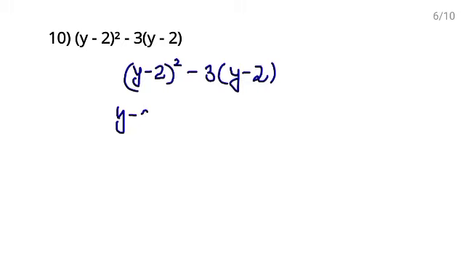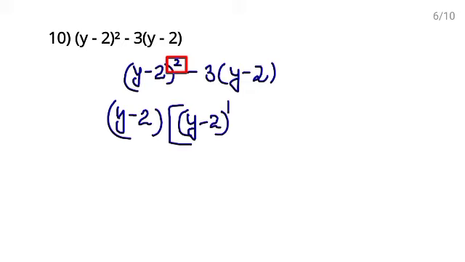Now in the bracket, this was y minus 2 raised to the power 2. It means y minus 2 was the base and its power was 2. We took one power outside the bracket, so now we have power 1. Minus 3. Here y minus 2 had only a single power, and that we have taken outside as the common binomial factor. So no need to write it.